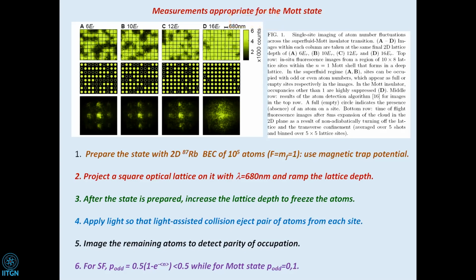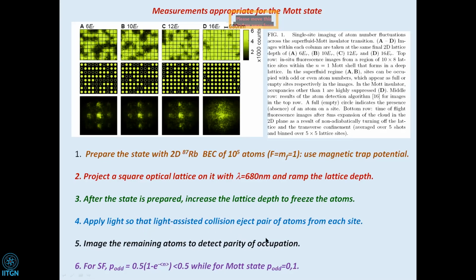There is a whole history of how this is being done. The paper I'm going to send you has the details. But what they do is use this light assisted collision to eject a pair of atoms from the trap. So clearly, if you had an even number of atoms on every site, your lattice would be empty.